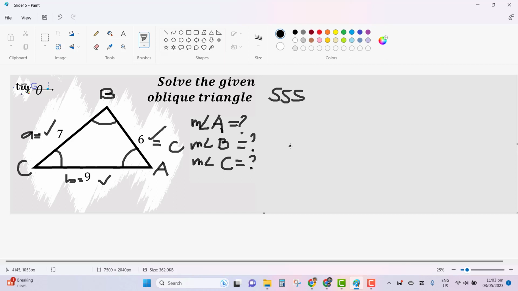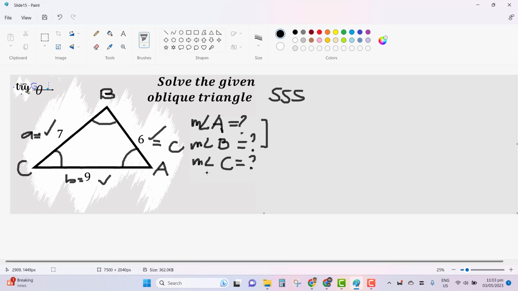Here, we are going to use versions of the formula of the law of cosines, which involves the determination of the measurement of an angle. But that is just for the first two angles here. We will stick with the triangle angle sum theorem in solving for the remaining angle measurement, so that we could really assure that what we are solving is a triangle.